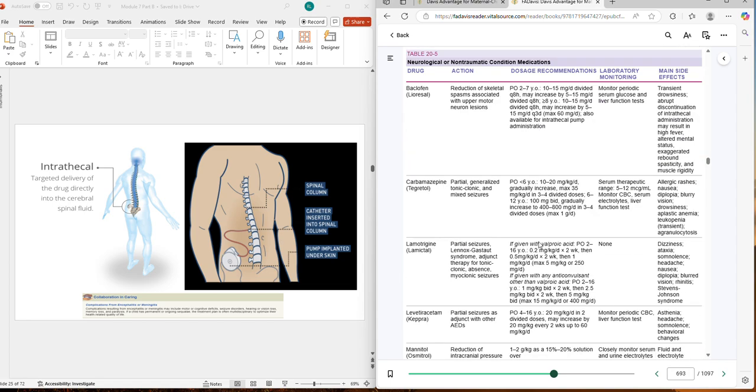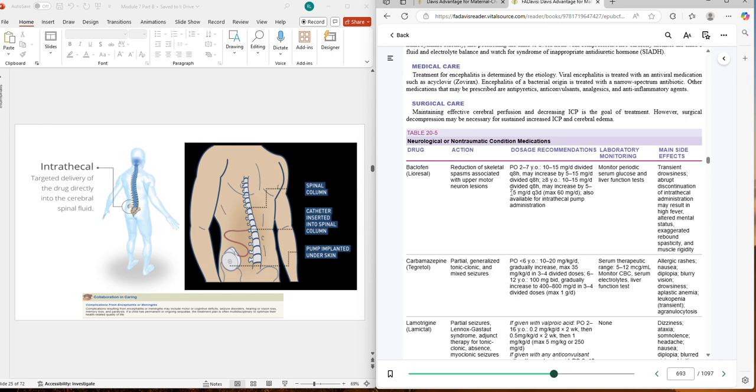Okay. One more thing on page 693. It talks about the different drugs, and we're going to talk about baclofen to start with. Okay. It can be given through an intrathecal pump. This is an implantation of the pump to deliver the medicines in the intrathecal space to decrease spasticity. And so you see it's just placed right here next to the spine.